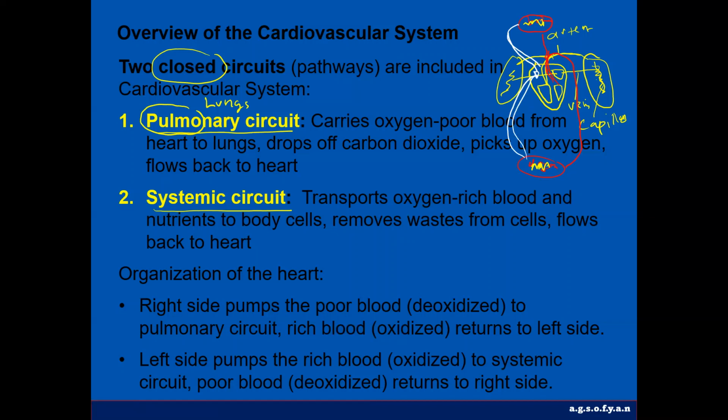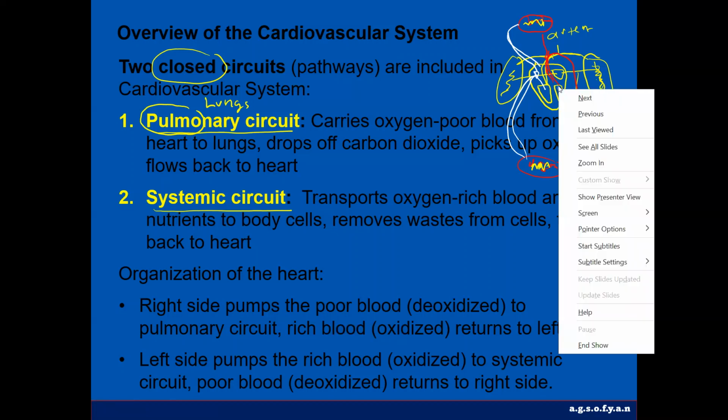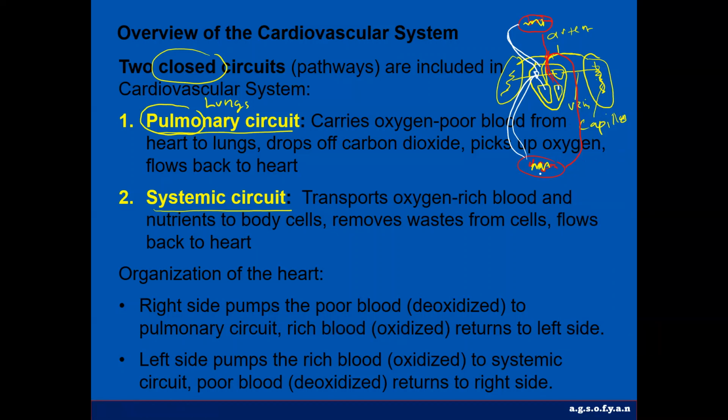And then from here, it's going down to the right ventricle, and then pumped to the lungs, and then going back again. So this longer circulation over here, from the left heart to all organs in our body, is called the systemic circulation.